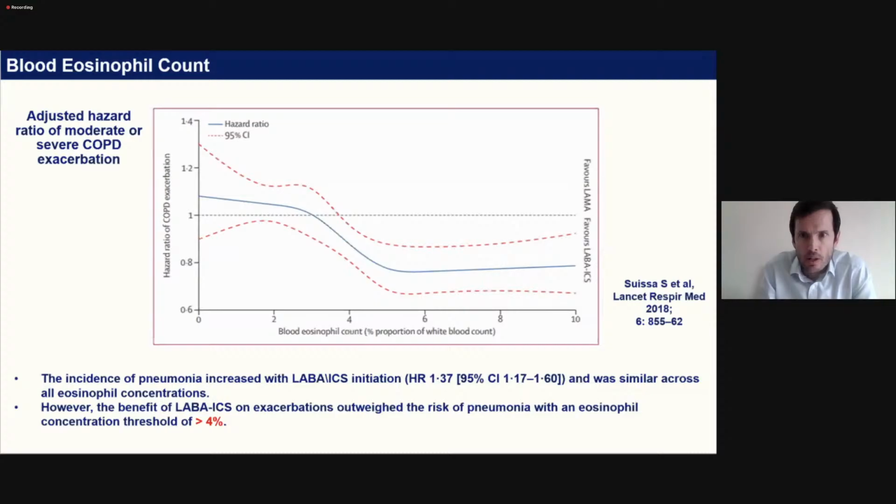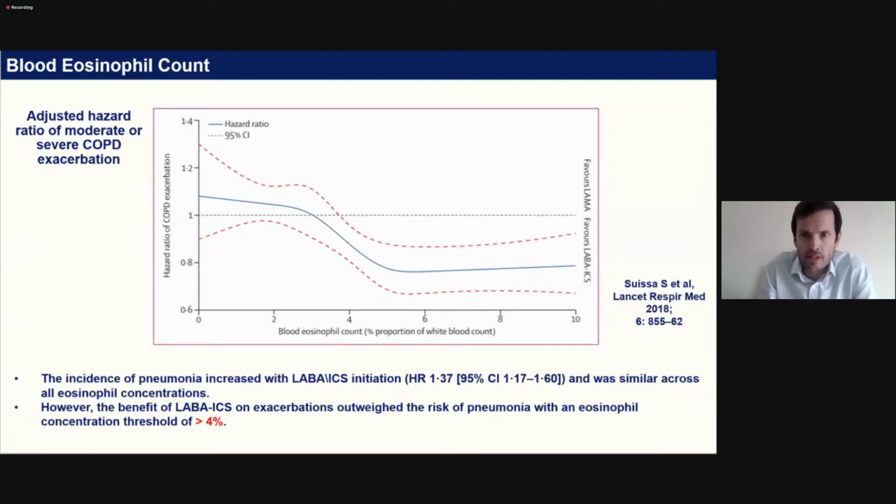Thus, although there is no high quality randomized control trial evidence for initial pharmacotherapy strategies in newly diagnosed COPD patients, the current GOLD recommendation is that a combination of LABA ICS therapy should be considered in patients who are very symptomatic and have an exacerbation or a history of exacerbations and/or a high blood eosinophil count, more than 300 cells per microliter.